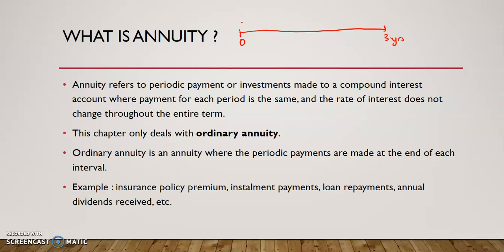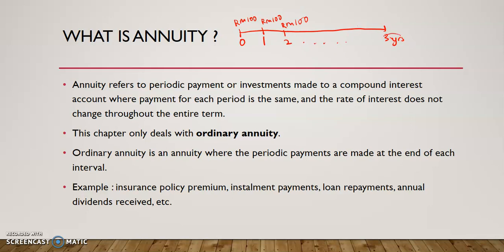So your first investment is 100 ringgit, and then you have the second investment also 100 ringgit, but the next 100 ringgit will be invested for the next month. So next month you invest another 100 ringgit, and the next month also you invest another 100 ringgit. So this 100 ringgit is being invested every month for 3 years.